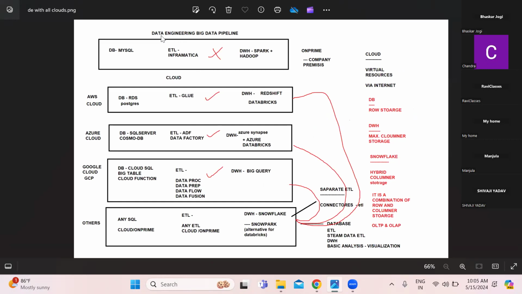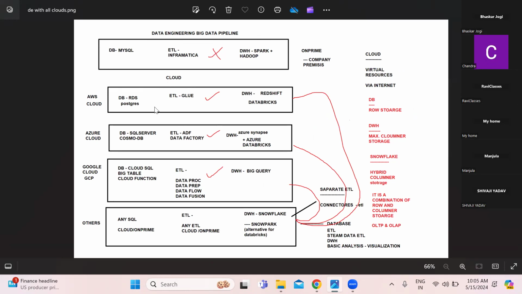Data engineering, big data pipeline. Let's say any database like MySQL, and after that ETL like Informatica, or data warehouse like Spark plus Hadoop. This is one big data engineering pipeline.